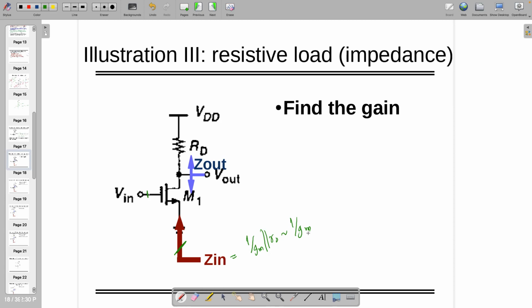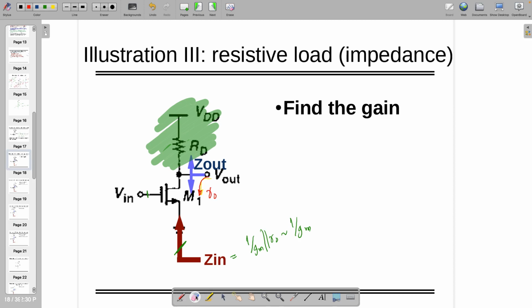Now, just forget about this part. This part is not there. Okay. Before you make any decision, if you're looking at the drain side, which is actually the output, what are you going to see? What is the impedance looking into the drain? RO. Okay.